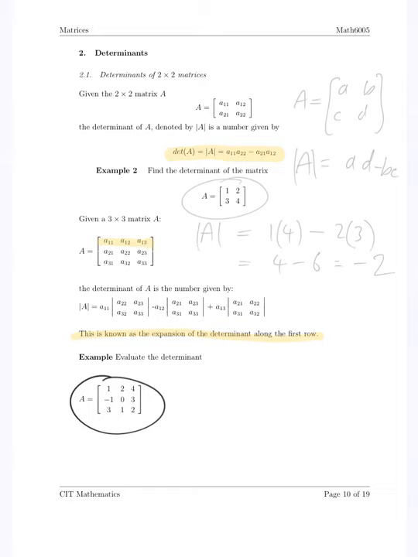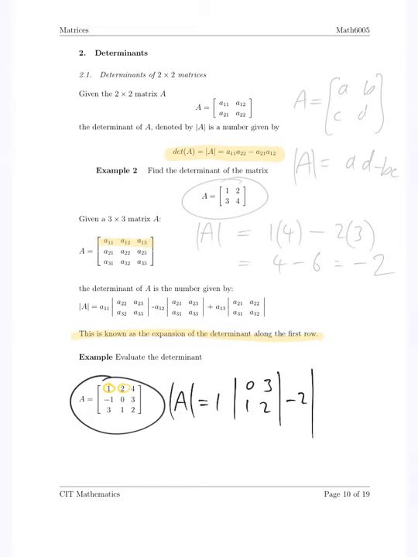Following the formula, the determinant of A is equal to, so we have a11, which is 1, times the determinant of this matrix. That's the matrix that's left when you take out the row and column of a11. Then we have minus a12, first row, second column.